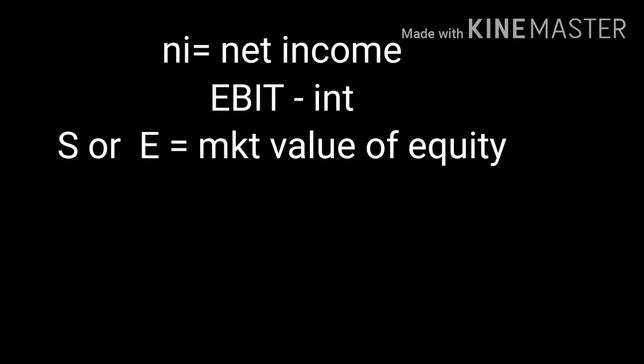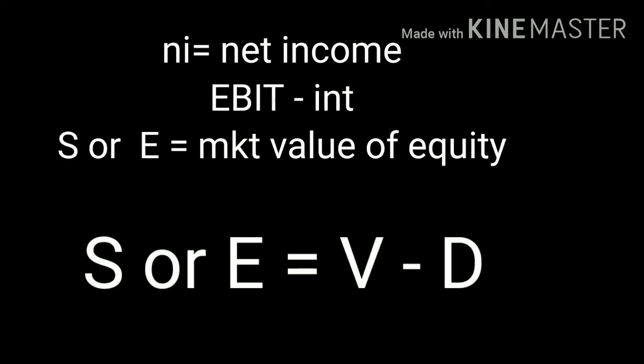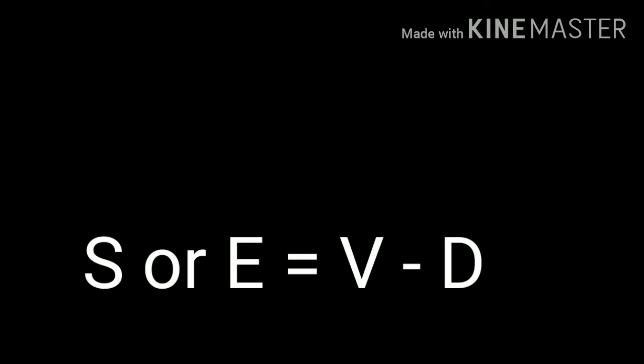S is market value of equity. In some books, E is used to denote market value of equity. So both are right. Formula for calculating S is V minus D.